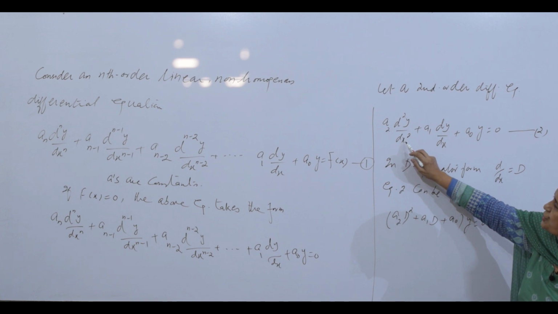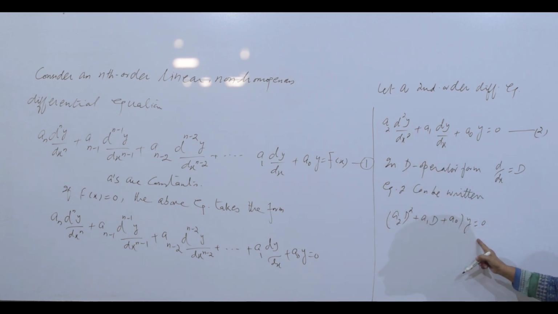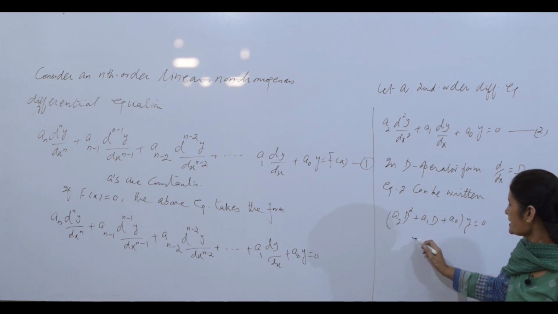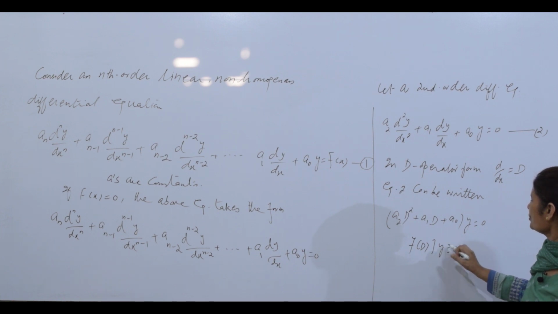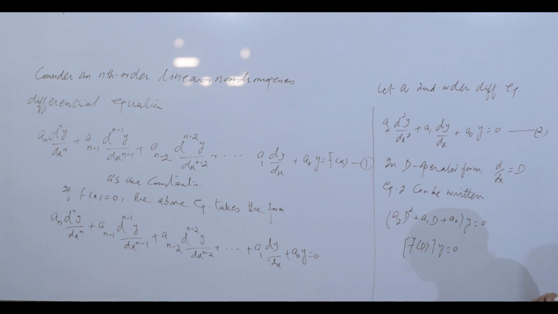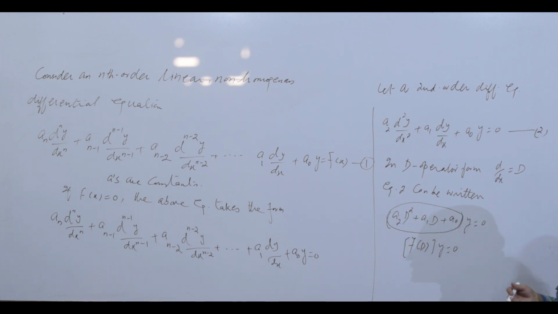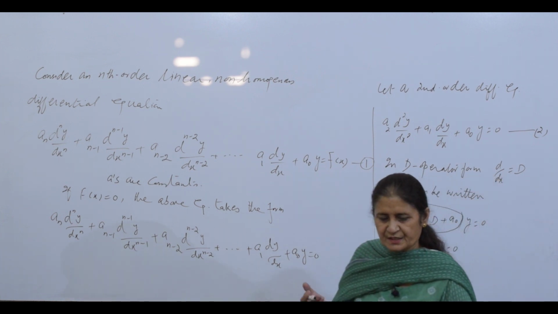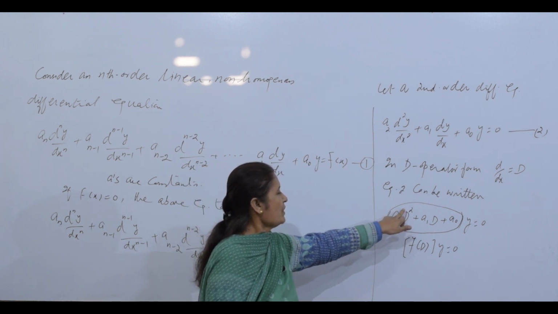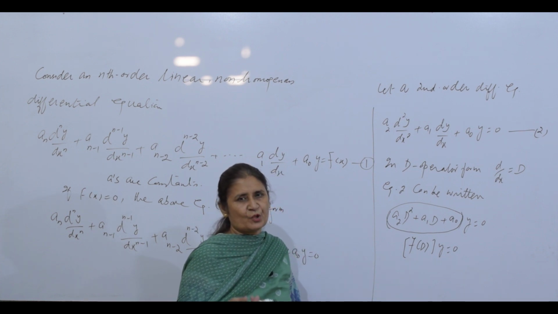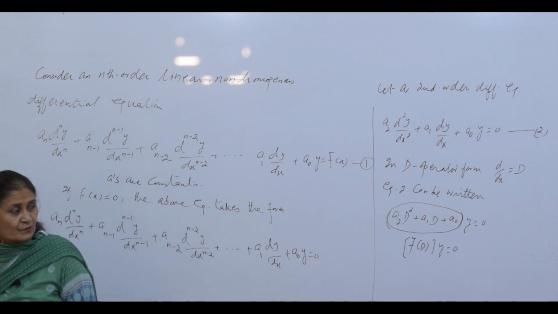This is d^2 by dx^2, D squared operating on y. So y is taken out. If y is taken out, inside is a polynomial in D equal to 0. According to the definition, a polynomial in a variable x or whatever, here D, must have powers of D that are positive integers.